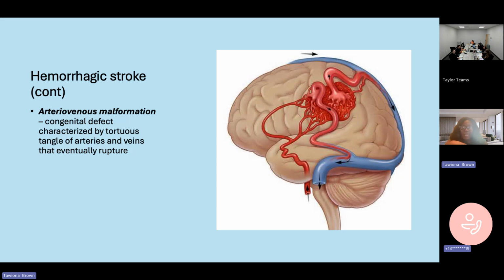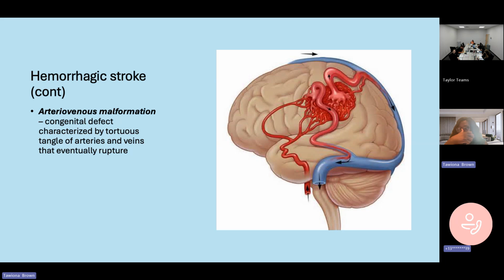It's pretty much the same thing. It's characterized as an awful tangle of veins and arteries that's going to eventually rupture. Normally, with it being congenital, a lot of individuals don't know they have it unless something traumatic happens where they have to get some type of MRI or CT scan of the brain.